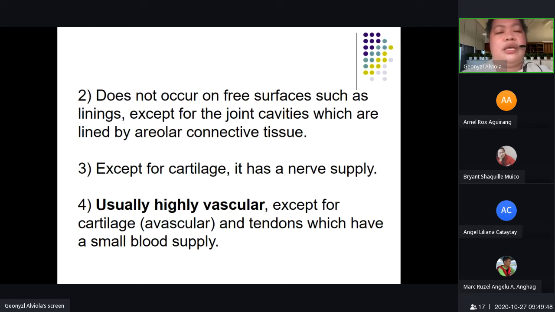Except for cartilage, it has a nerve supply, because cartilage is avascular and also has no nerve supply. Cartilage is one of the specialized connective tissues together with the bone tissue. Usually highly vascular except for cartilage and tendons, which have a small blood supply.